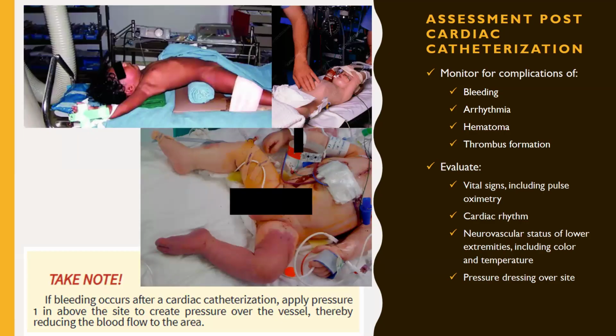So they had a thrombus formation that they've had to get treated for. And of course, you can see this little one's had some previous cardiac surgery too. So I thought it was kind of neat to show you the distinct difference in the color between the limbs when there's a problem that has occurred.